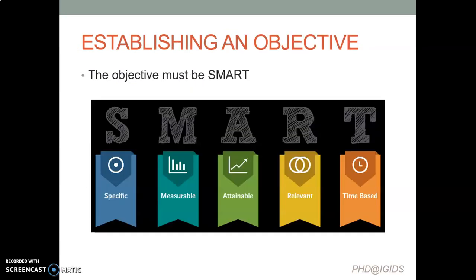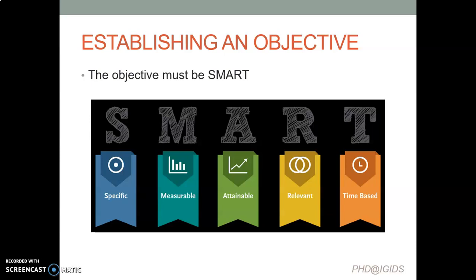So the first is establishing an objective. As with any type of study, the first thing you need to do is establish an objective. There are certain criteria for establishing an objective.